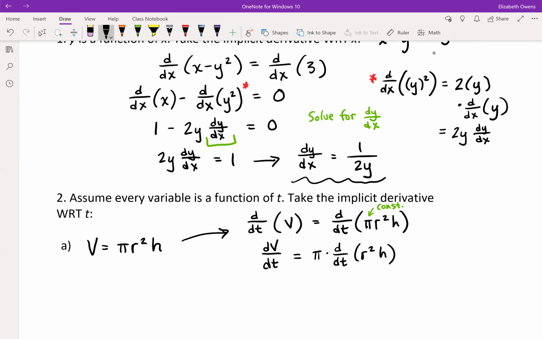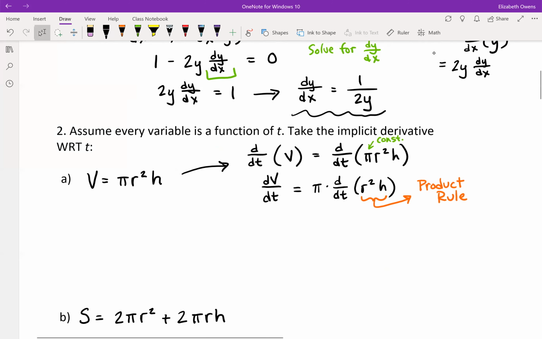But you gotta remember on this that each one of those variables is a function. So we are really taking a function times another function. And so we're gonna have to use the product rule on that. Okay, so working in some product here because r and h are both functions.